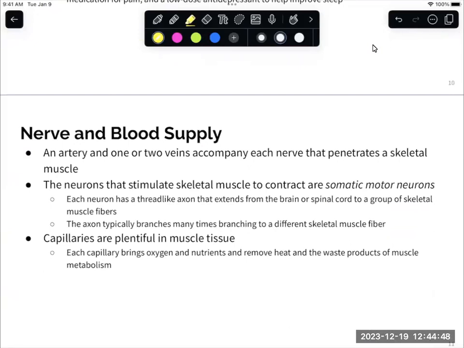Muscles require a lot of oxygen and a lot of glucose and other ions and nutrients. So we need blood supply. We need arteries. There's usually one or two veins that accompany every artery because there's a lot of waste products that are generated whenever a muscle contracts.